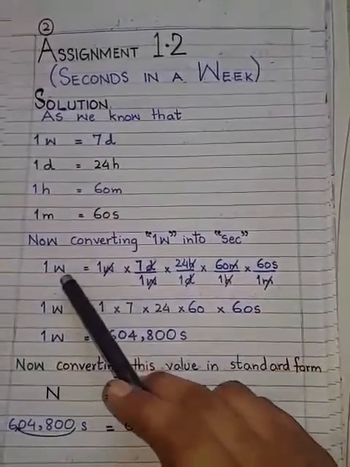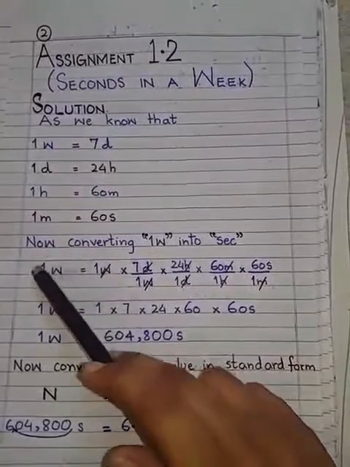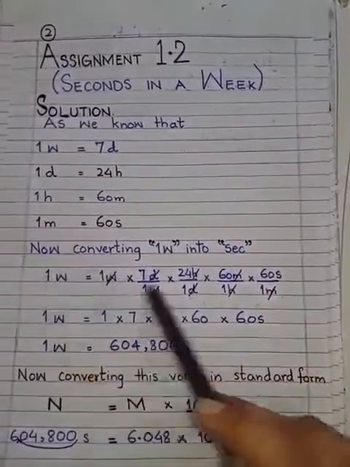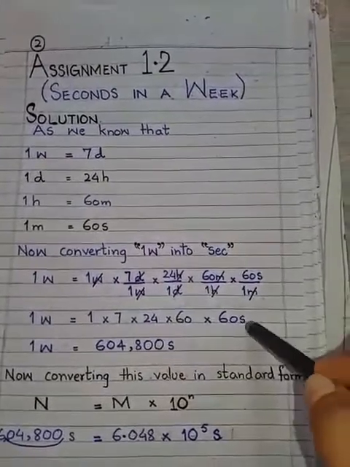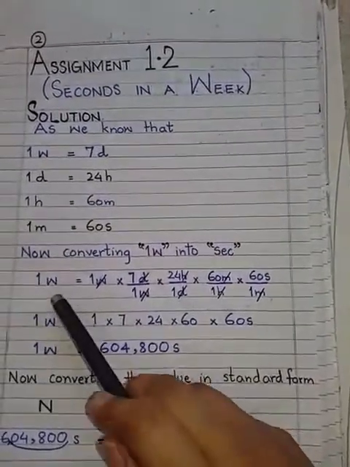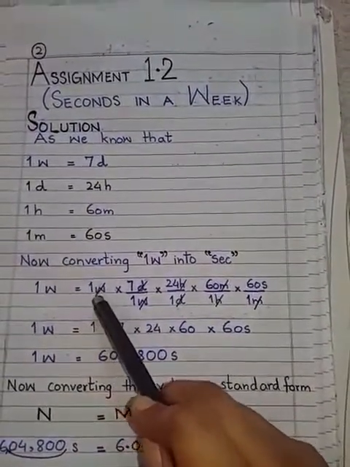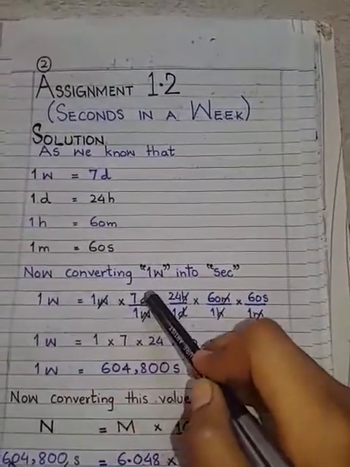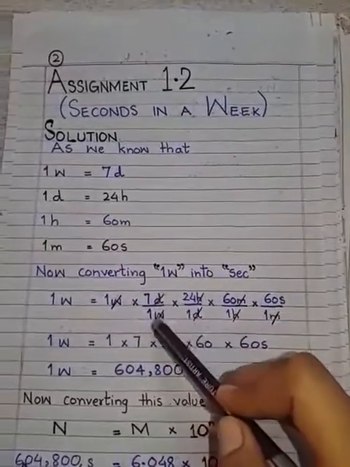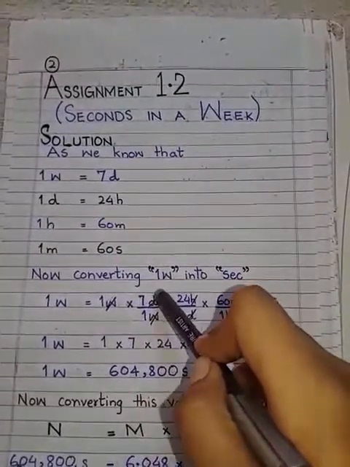1 week is equal to, as we know, week is the given quantity, and number of seconds in a week is the unknown quantity. So 1 week is equal to 1 week multiplied by 7 days, and as you know very well, 1 week is equal to 7 days.